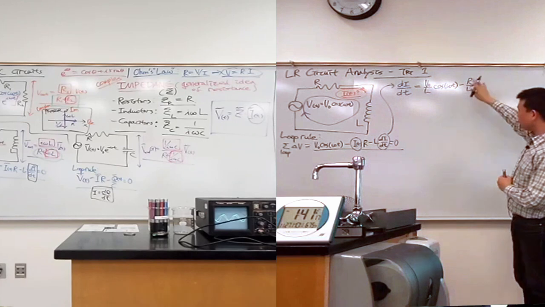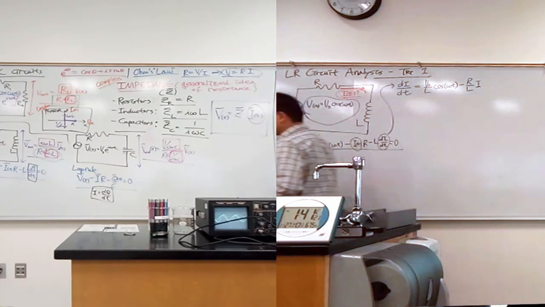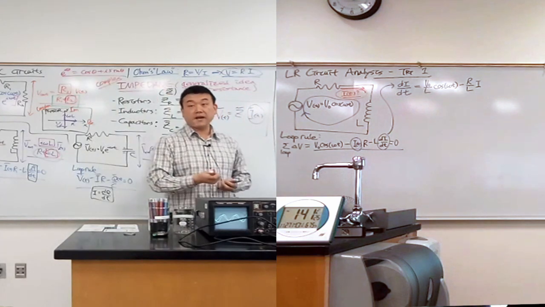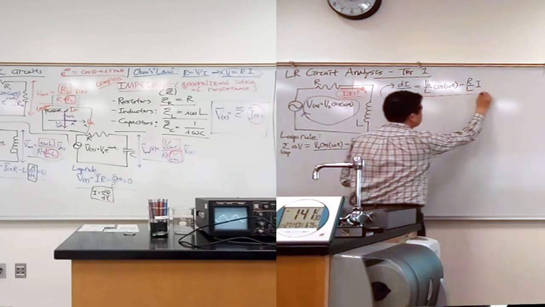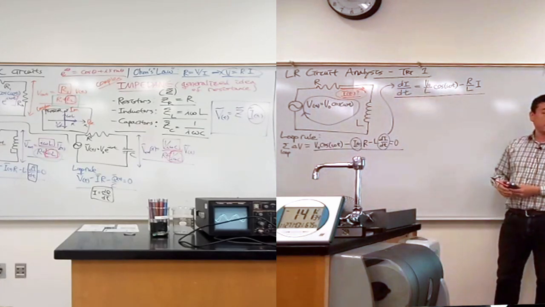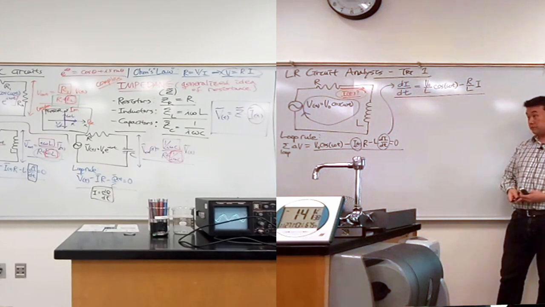But I won't write t here. I want to draw a distinction between things that are explicitly a function of time and things that are not explicitly a function of time. So when you look at this, and actually this is the one that's similar to your quiz, before you use the separation of variables, right?